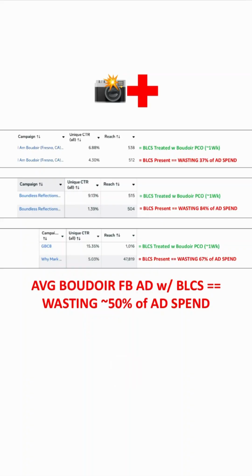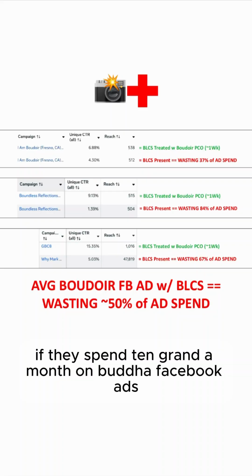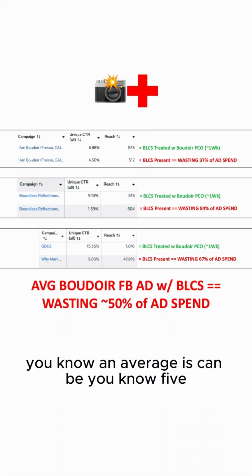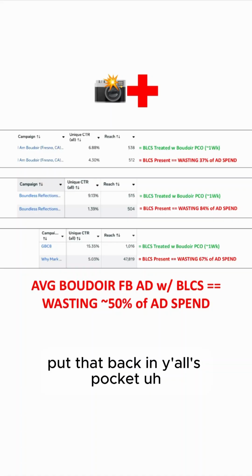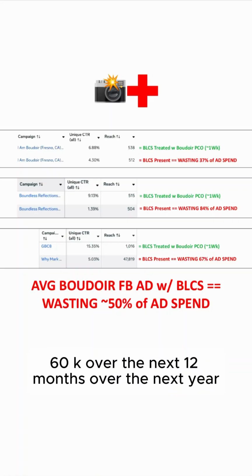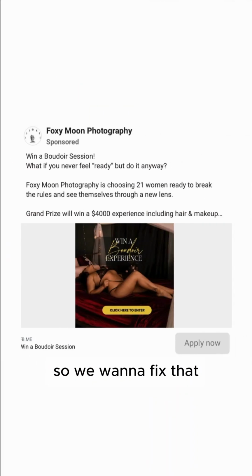So if they're spending 10 grand a month on boudoir Facebook ads, on average, five out of 10K is being wasted every single month, and we can eliminate that, put that back in y'all's pocket, approximately 60K over the next 12 months, over the next year. So we want to fix that.